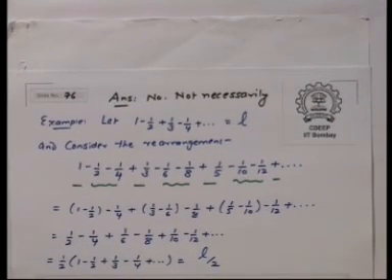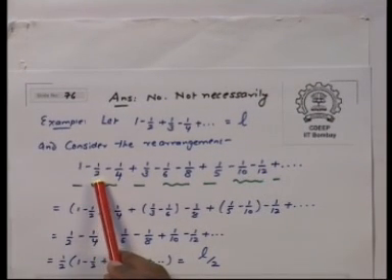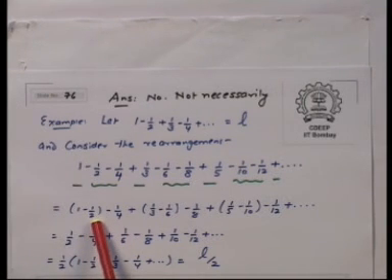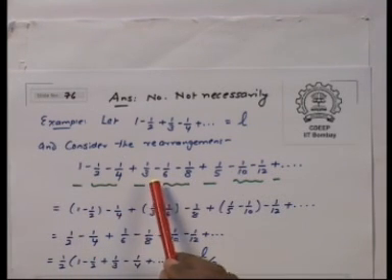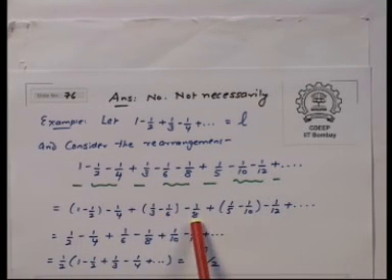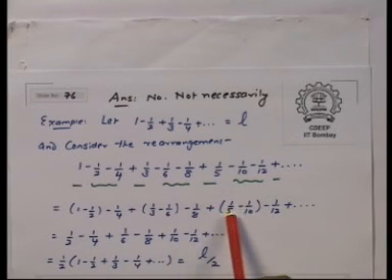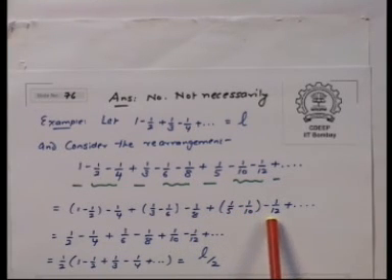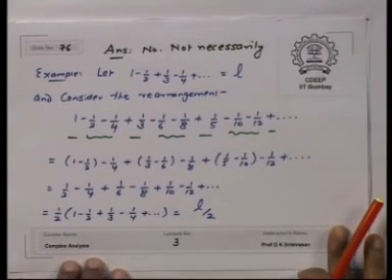I have taken 1 minus half, and then there is a minus 1/4, and there is 1/3 minus 1/6, and there is minus 1/8, and there is 1/5 minus 1/10, and there is minus 1/12, and so it goes. Okay. So, but what is 1 minus half?